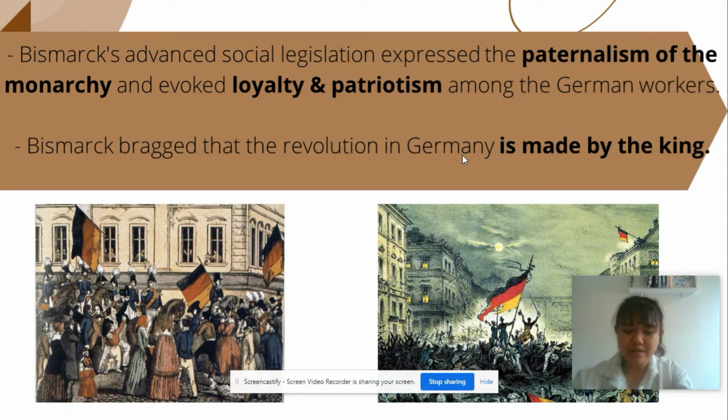Next, advanced social legislation was enacted by Bismarck, and this expressed the paternalism of the monarchy and evoked loyalty and patriotism among the German workers. He also made the revolution in Germany a revolution made by the king.